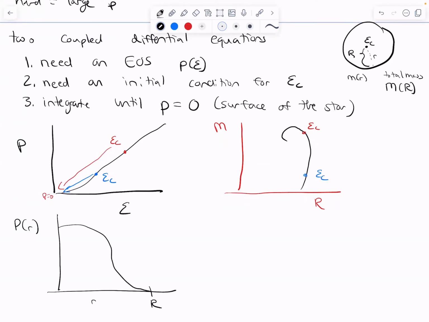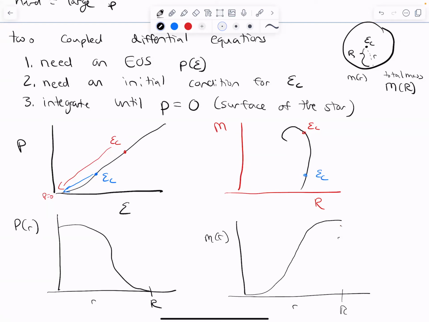You integrate out to R, where it goes to 0 at this point, and you have some sort of maximum at the center of the star. If we look at our mass component, again, here's our radial component. Here's m of r. Here's our total radius. It would look like this.